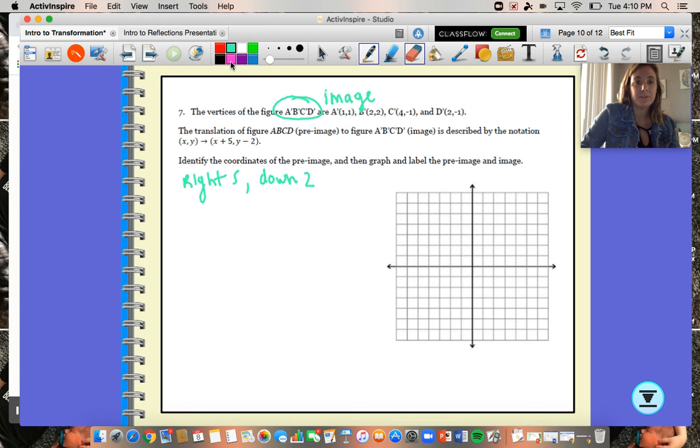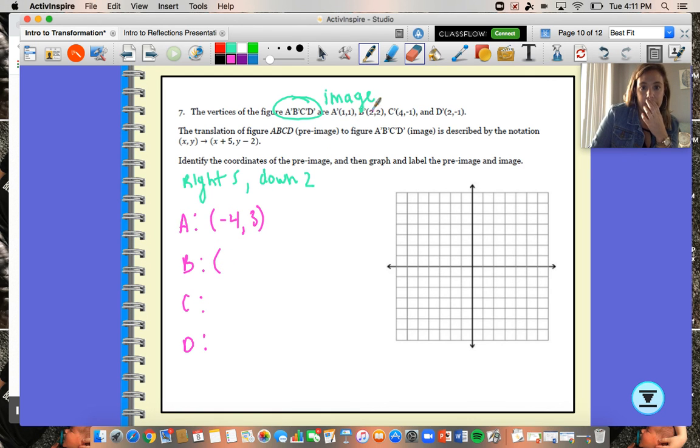So I want to figure out what is A, what is B, what is C, and what is D. And then I'm going to graph it all. So I want to undo that. To get to A, I ended up at 1, 1. So I want to undo that. I want to go left 5 and up 2. I want to undo this because I'm going backwards, right? Like that's the whole idea of backwards.